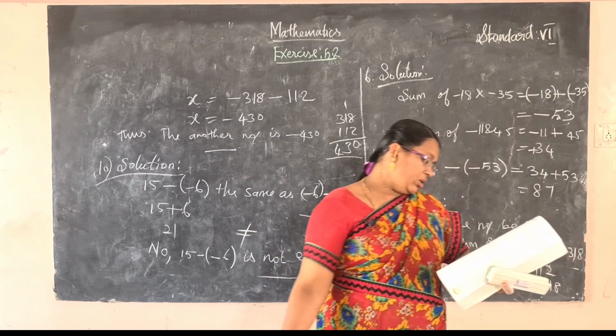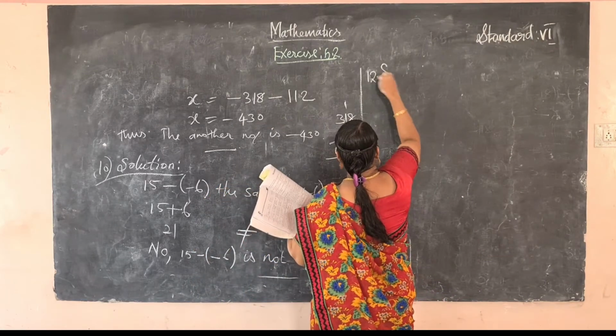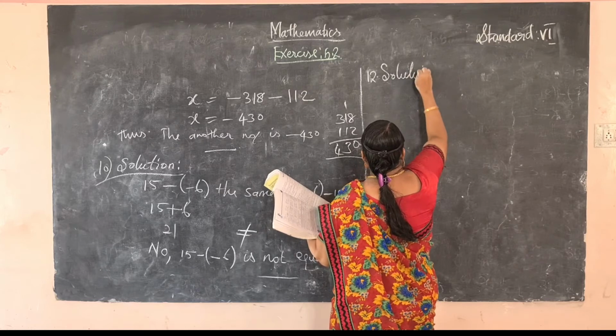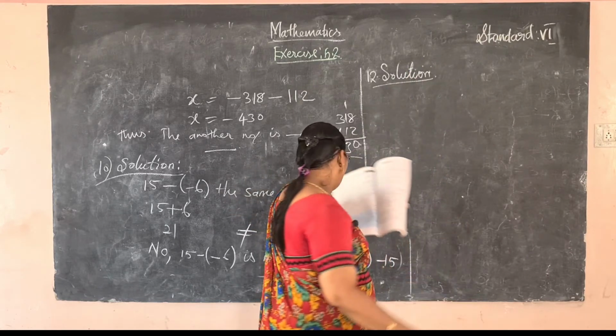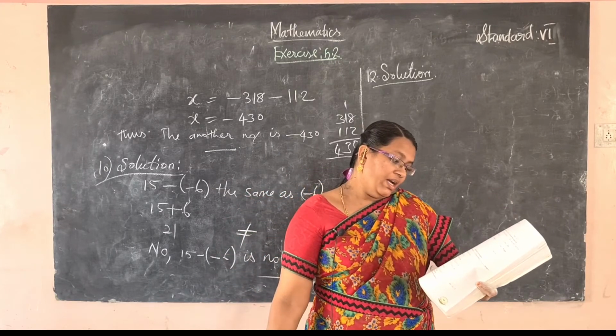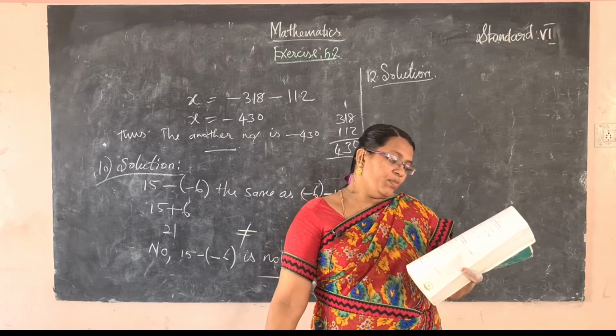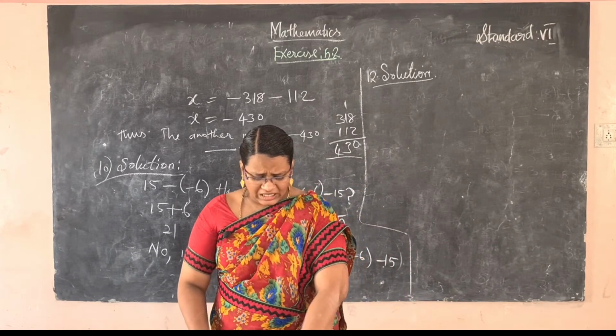Now move to the 12th problem. What will be the sign of the product if we multiply 5 negative integers and 1 positive integer? Clearly given.